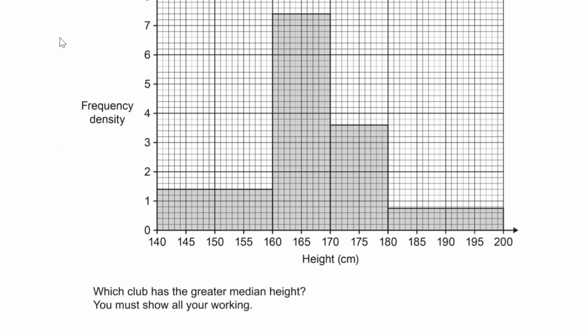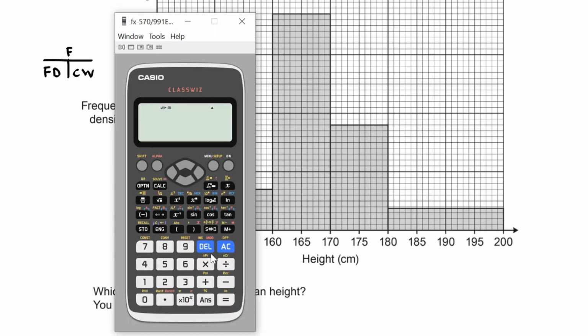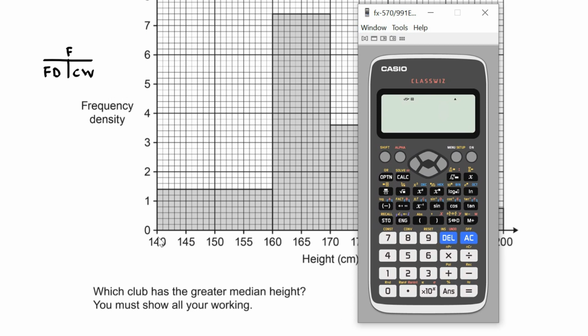And we can do that by recognizing with the histogram, frequency density multiplied by class width is equal to frequency. So here we've got a class width of 20, we've got a frequency density of 1.4. Multiplying those together, we get 28 as our frequency for this interval.